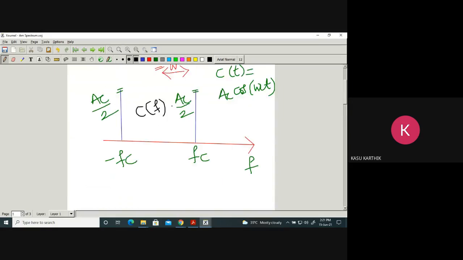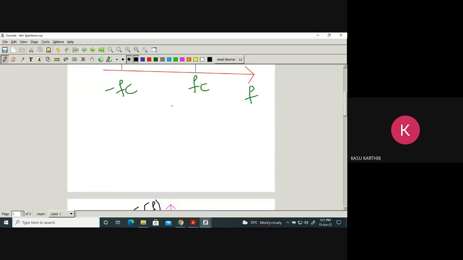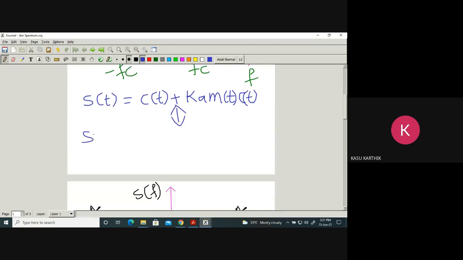Okay. So what just happened? Let me write it for your simplicity, for understanding. If you remember properly, S of t equals C of t plus Ka into m of t into C of t. Is it okay? You take the Fourier transform. S of f, how will it be? C of t becomes C of f plus, what do you get here?